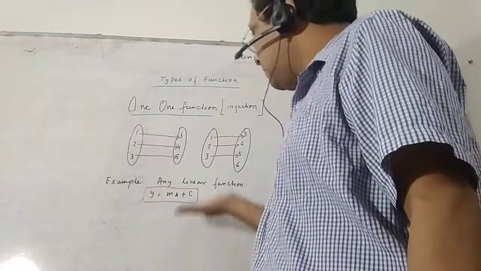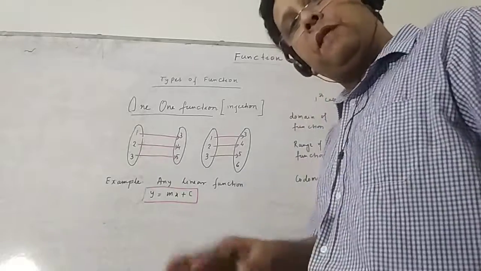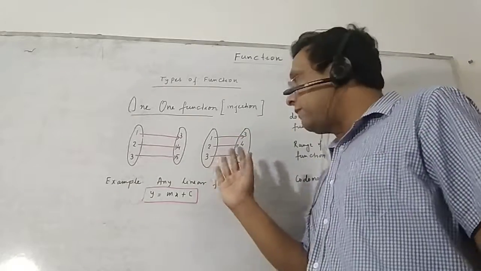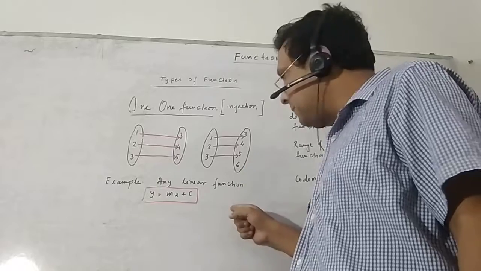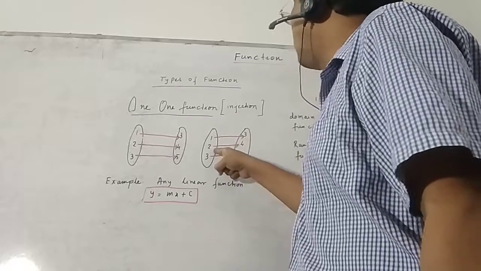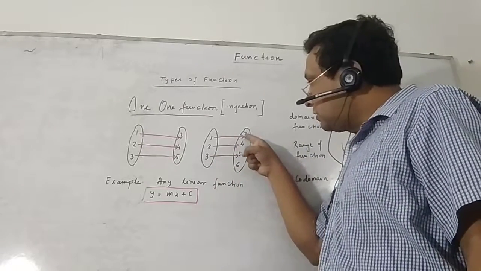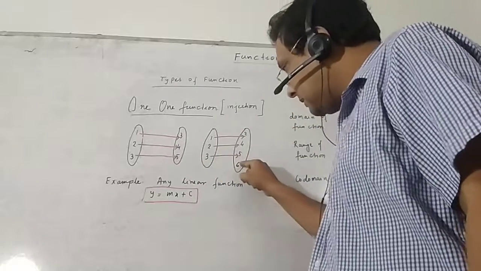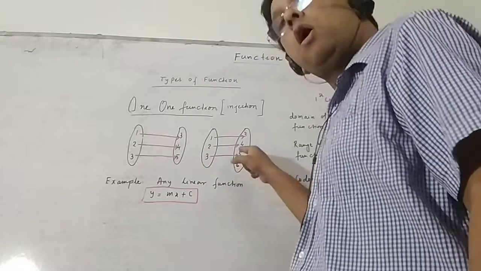Now, another concept we should know is called codomain. The codomain is something different from range. Codomain is nothing but all the values in the second set, that is, y. Here 1 has the corresponding image 3, 2 has the corresponding image 4, and 3 has the corresponding image 5. So 3, 4, 5 is definitely the range for this function, but this 6 has no corresponding domain element, so 6 is not used up.